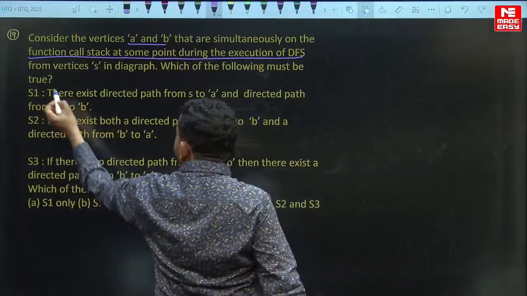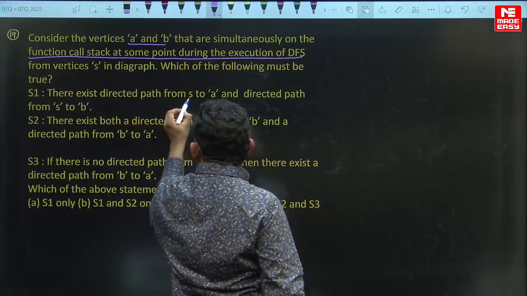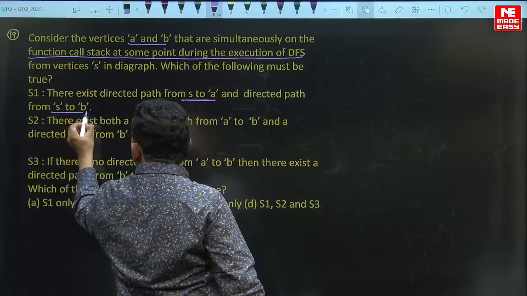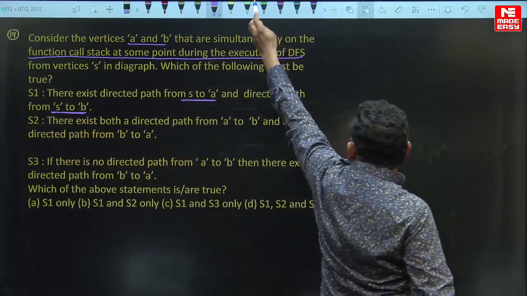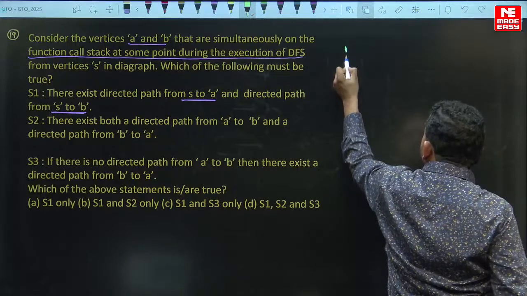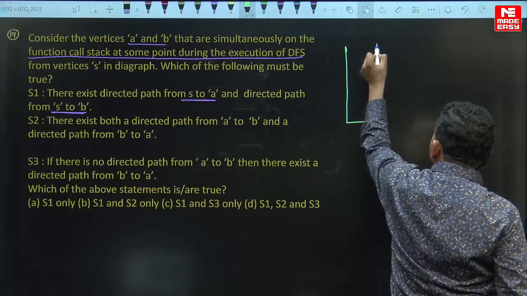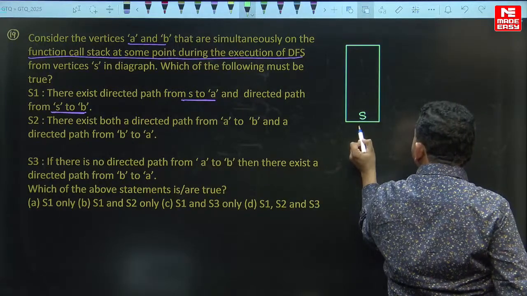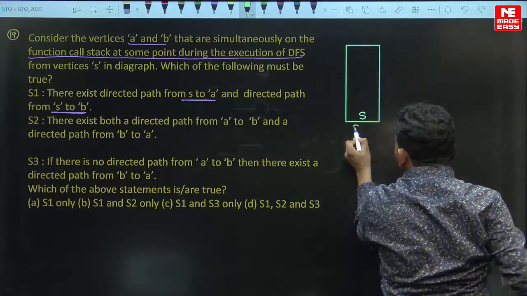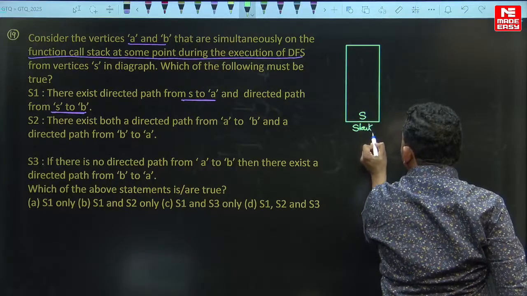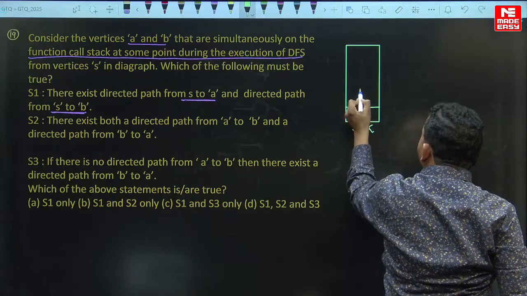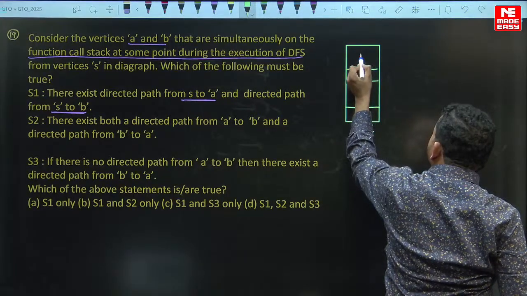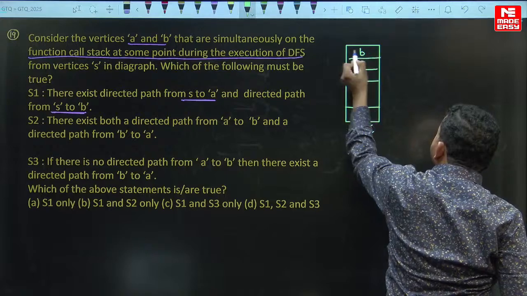The first statement: if there exists a directed path from S to A and a directed path from S to B, it means that from the source you applied DFS using the stack. The stack starts from the source in the DFS call, and one vertex A is visited, then another vertex B is visited.